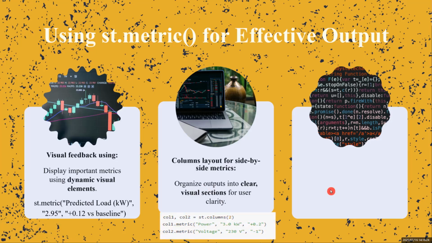This is just a short code we use to tell Streamlit the columns and what we want to see in each column. And last, we have the user-friendly interface, which helps to improve user experience with intuitive design choices.